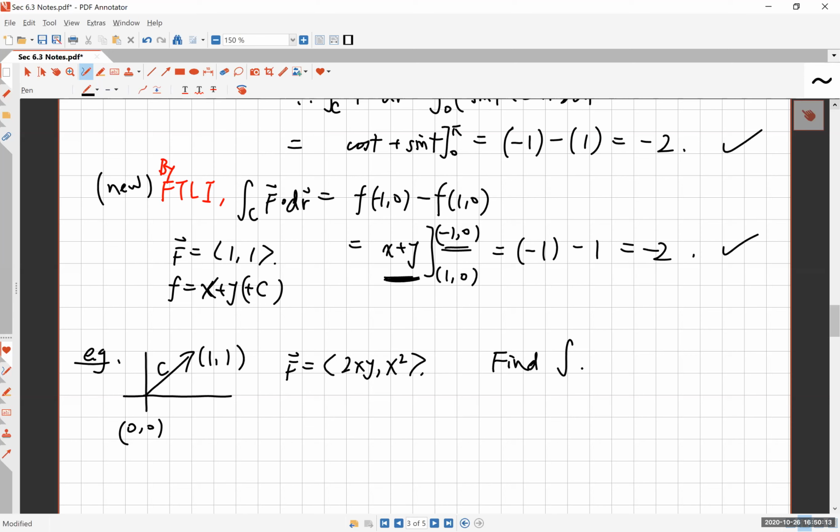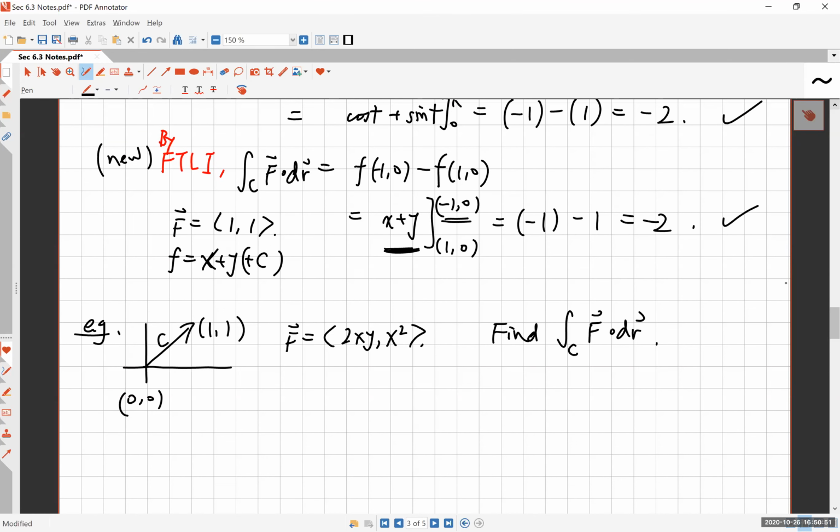Find the line integral over C of F dr. Try preferably both ways, but at least use the fundamental theorem of line integrals to find the value of this work integral of this vector field along the curve C. And I will see you in the beginning of the next segment of this video.